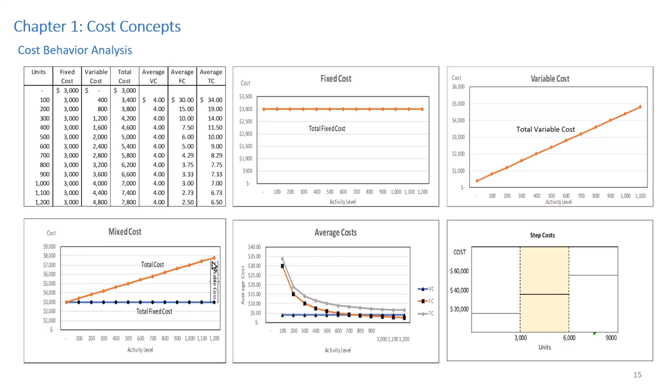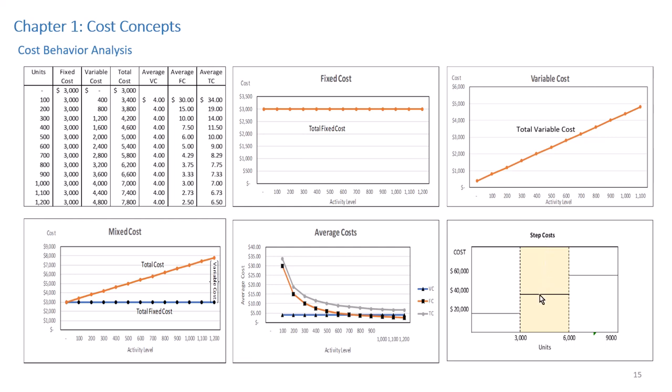The average cost graph illustrates how variable costs per unit remain constant, while average fixed costs and average total costs decrease with each additional unit. Finally, the step cost graph illustrates how fixed costs change with changes in the relevant range.